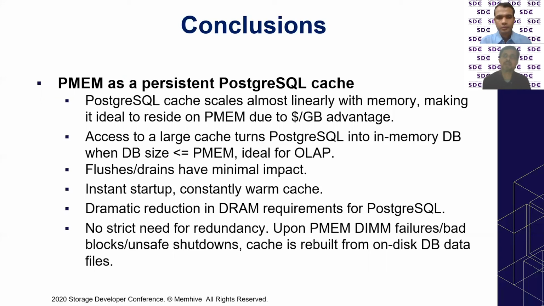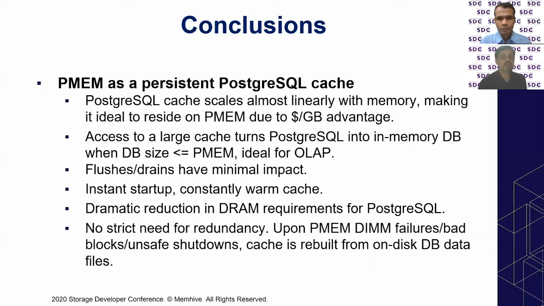DRAM has a limit of, let's say, 700 gigabytes, but persistent memory can reach terabytes, and hence, the bigger the database size, it will always keep scaling vertically. So that is really ideal to have in this case.